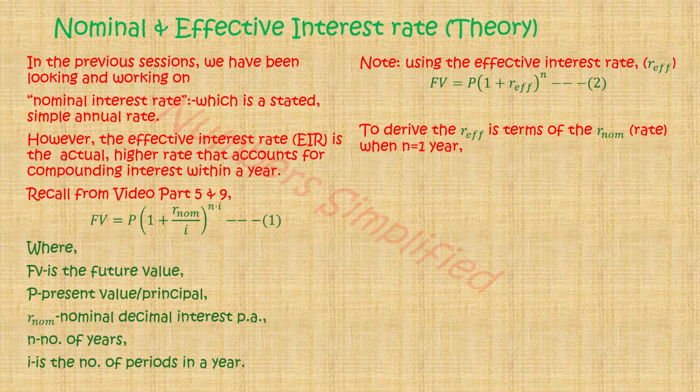So we are going to equate equation 2 to equation 1, since they give us the future value, implying that if we were using both formulae to find the future value, we would get the same future value. So if it is the same future value, it means that equation 2 should be equal to equation 1.